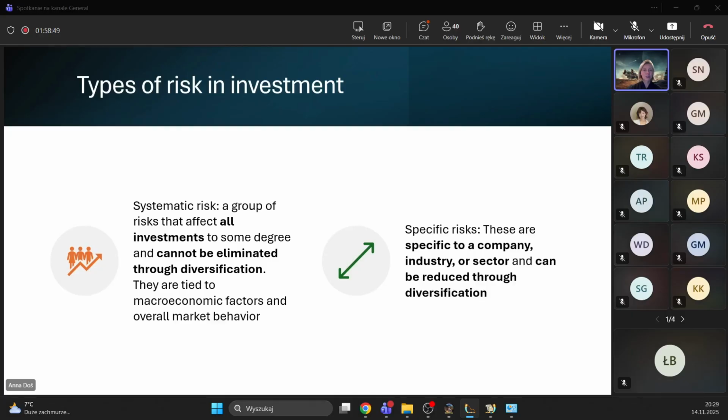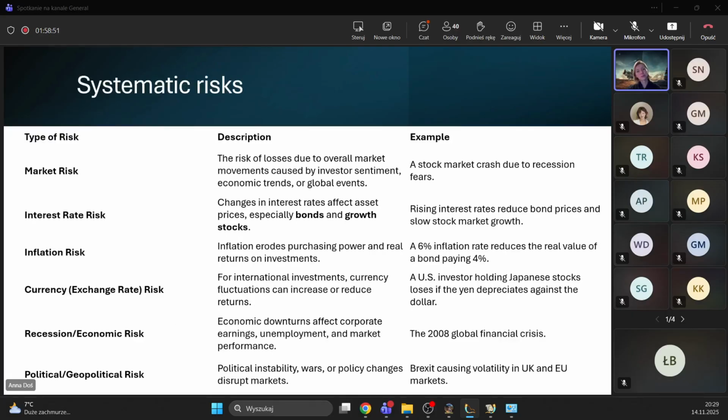Okay, so let's speak a few words about systematic risk. These risks are interrelated. The first typical systematic risk is market risk, where there are some losses or increases in the overall market because of movements usually caused by investor sentiment, economic trends, or global events.